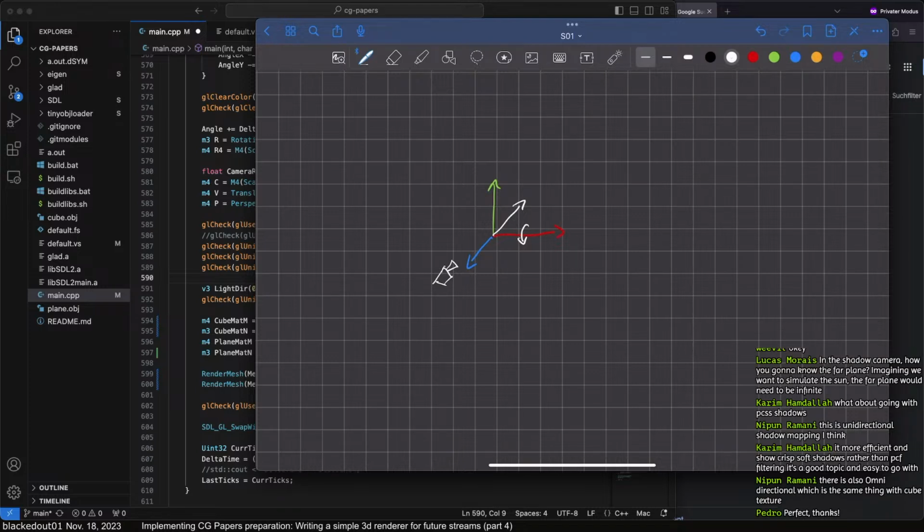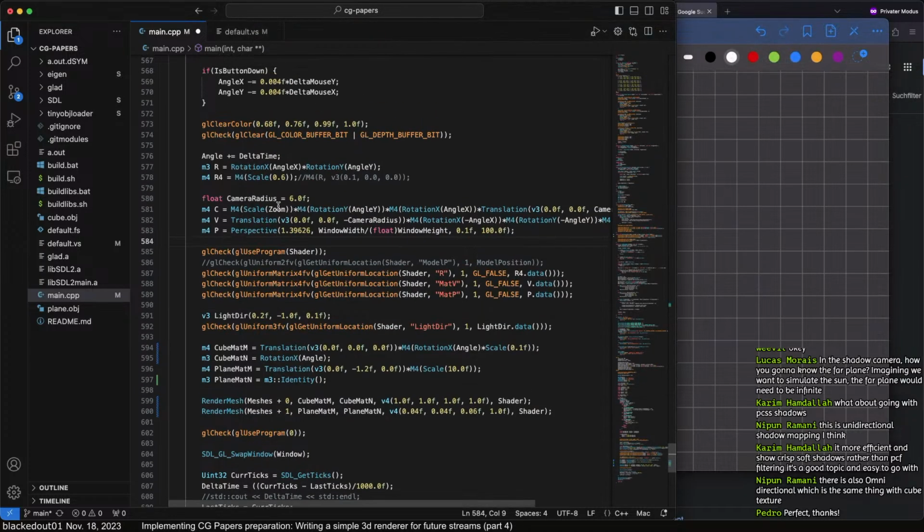So I want to transform the default light direction, which is then the view direction from the light's perspective, with this theta angle, and also around the y-axis with a phi angle. So let's write this into code.